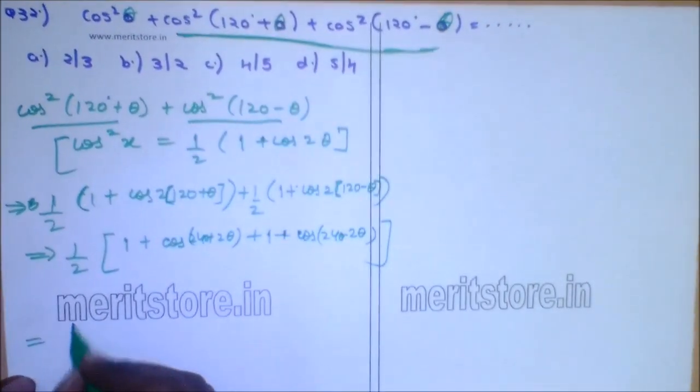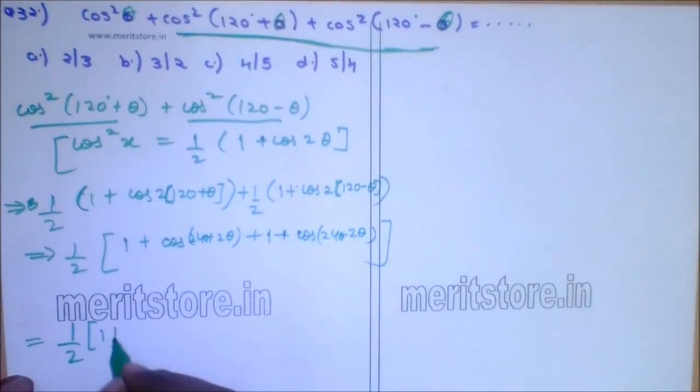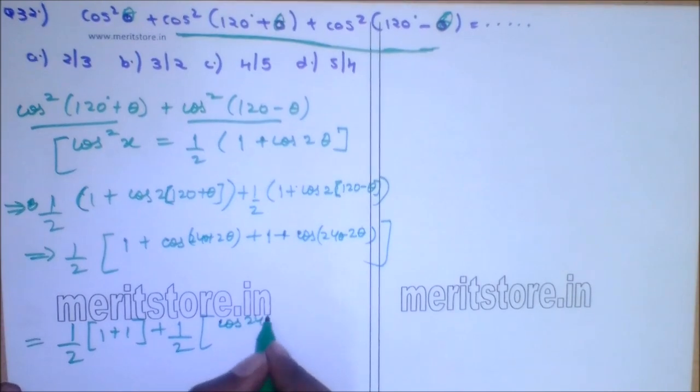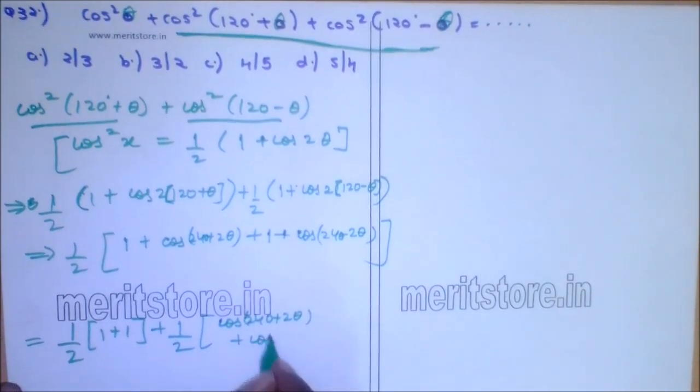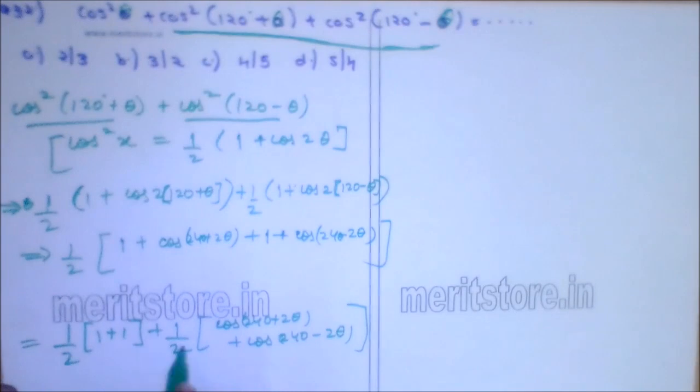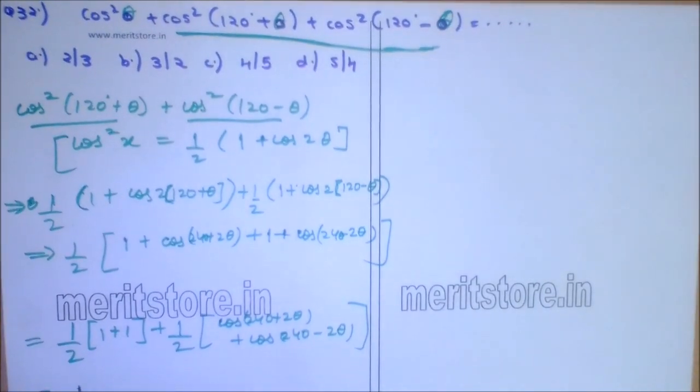So half of 1 plus 1 plus half of (cos (240 plus 2 theta) plus cos (240 minus 2 theta)). Half of 1 plus 1 is 1. So plus half.